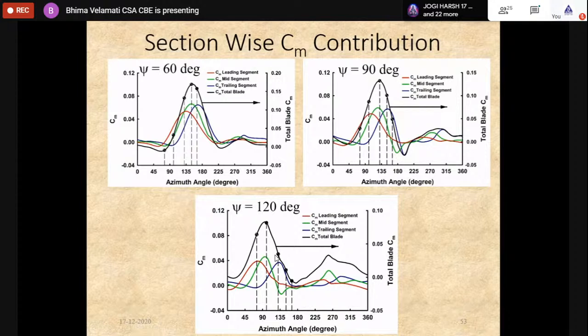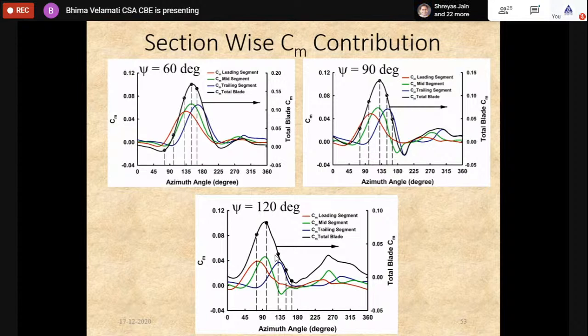So we plotted the torque production from 3 sections along with the total torque production. The black one is for the total one. Red, green, and blue are for the leading, mid, and the trailing section. You can see very clearly the azimuthal angle is always with respect to the bottom of the blade.